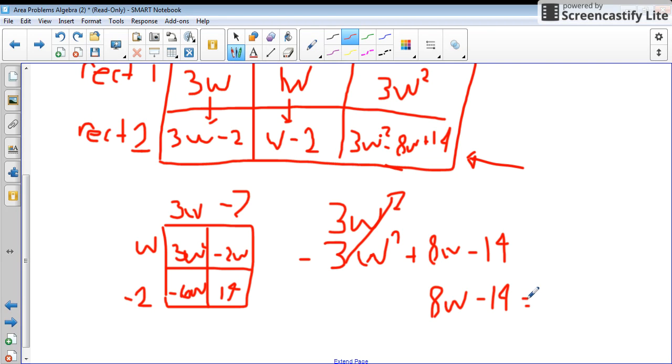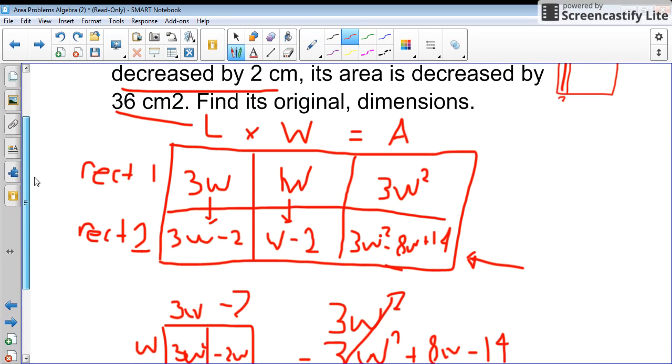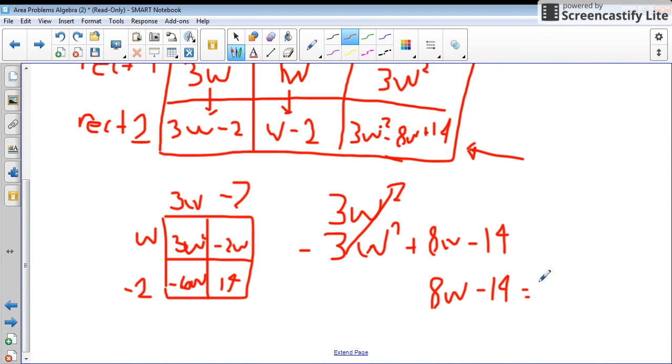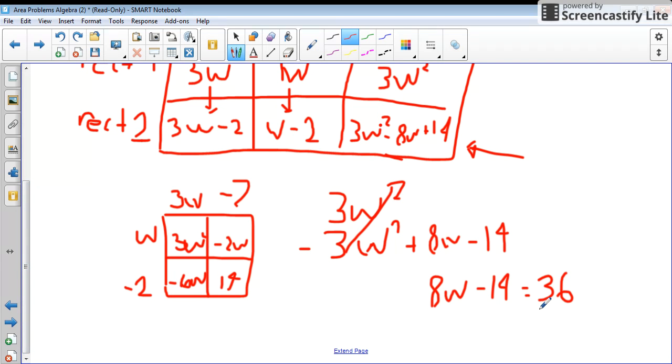And then that is equal to the difference of the areas, which in the beginning of the problem was 36. From here, you just solve this easy equation by adding 4, dividing by 8. You do that correctly, I think you get not a whole number, but 40 divided by 8. You can simplify that on a calculator to figure out what that would be.